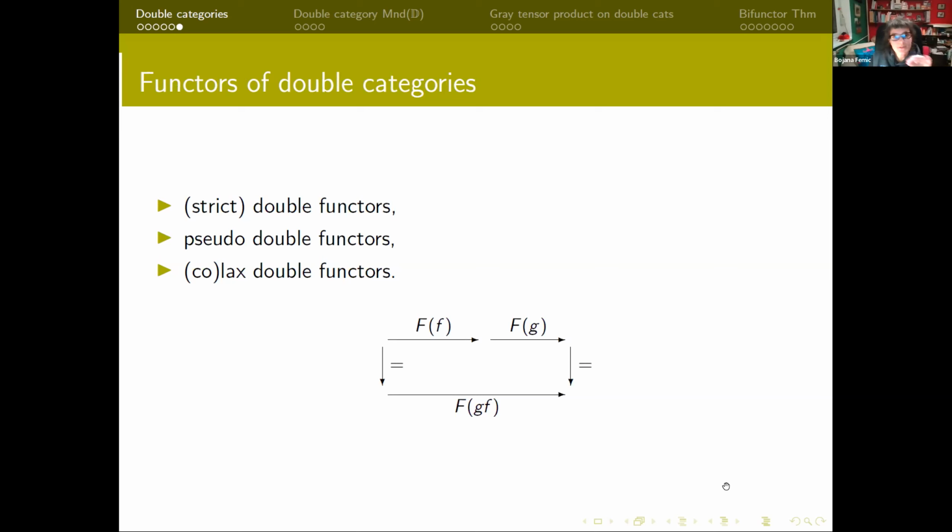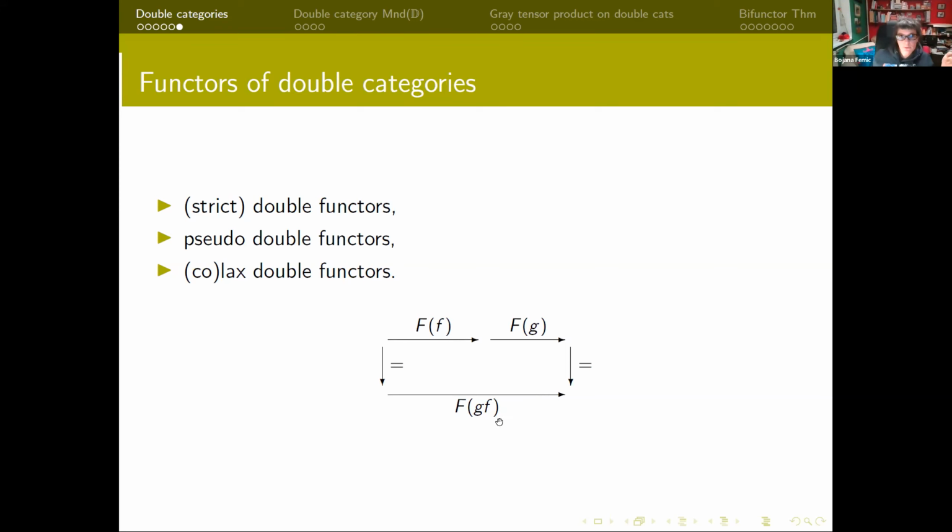And here, about functors among double categories, I just listed some which I will mention in this talk. We have strict double functors, pseudo-double functors, and lax or colax. Bob gave a definition yesterday, but here I want to stress it visually. So what is the strict version? It concerns the compatibility of your functor with the composition of horizontal 1 cells.